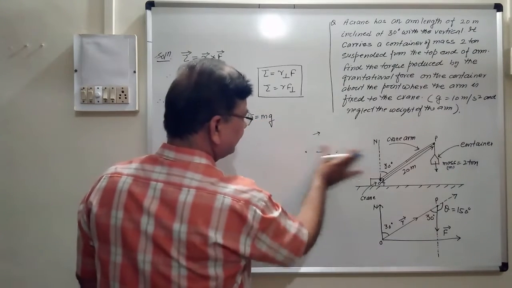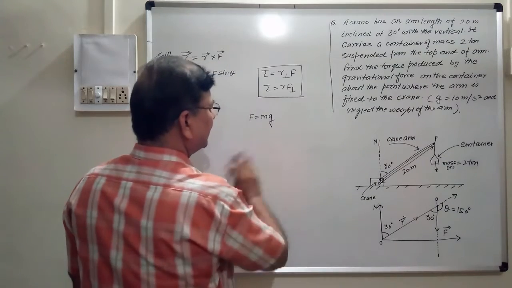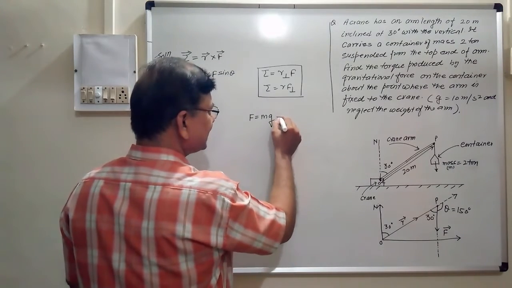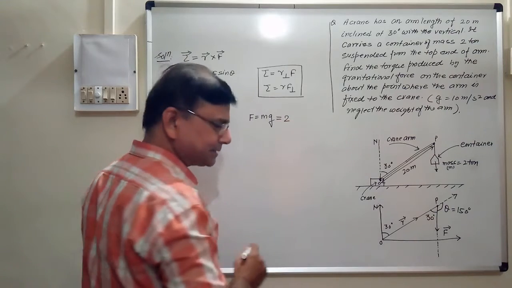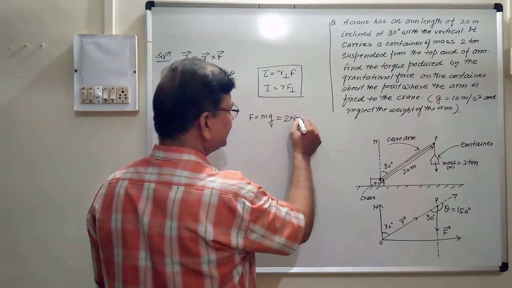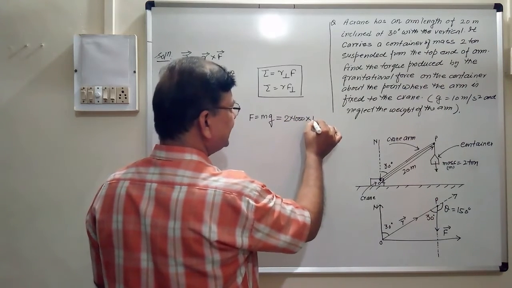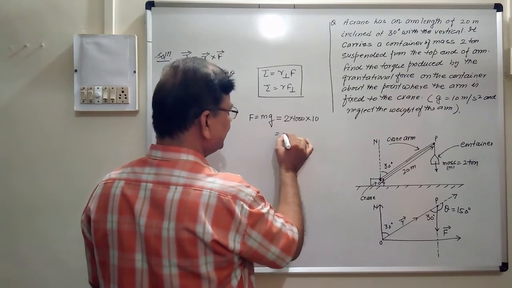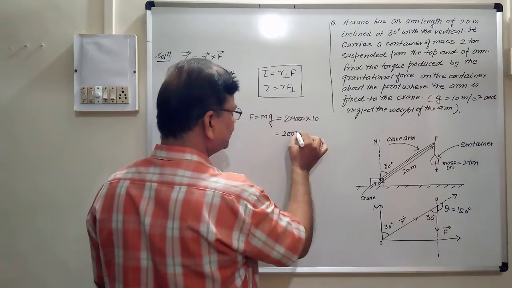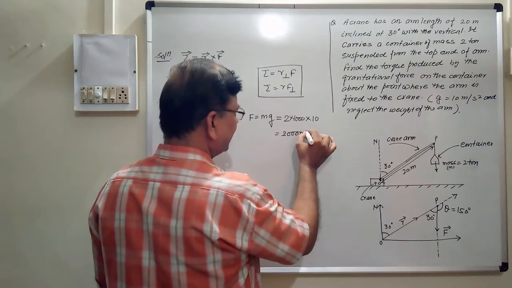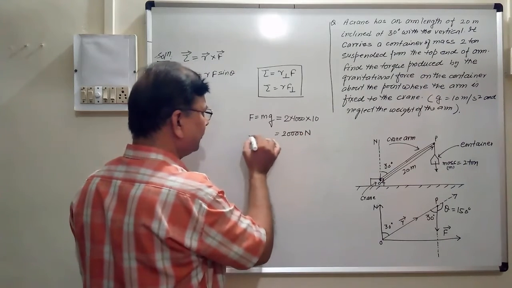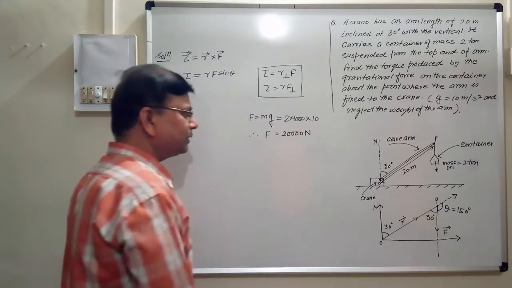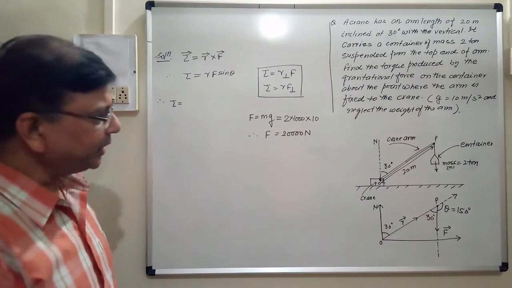So just I will wipe it off. mg is the force. So what is m? That is 2 tons. 2 into 1000 into g is 10, that is equal to 20,000 Newton. This is the force. Therefore, F is equal to 20,000 Newton.